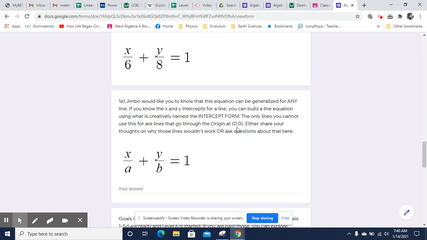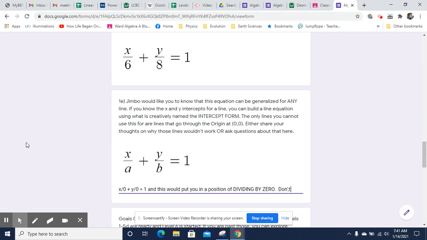Here's what's going to happen if you have a line that goes through (0, 0). The x-intercept is going to be 0, and the y-intercept is also going to be 0. So you're going to have x over 0 plus y over 0 equals 1, and this would put you in a position of dividing by 0.